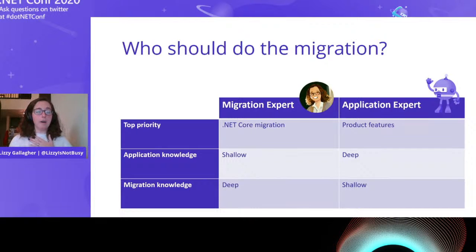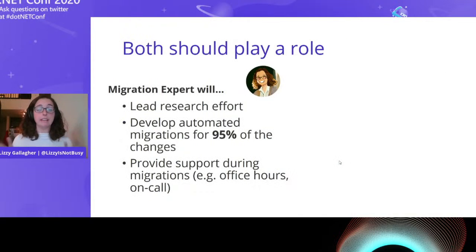And so 2 years ago, when we were pondering this question before we began, we wondered, okay, so how can we leverage the deep knowledge of our application experts about their applications, but also get the efficiency of having a dedicated team coordinating the effort? So we ultimately landed on a hybrid solution, sharing the responsibility between the migration and application experts.